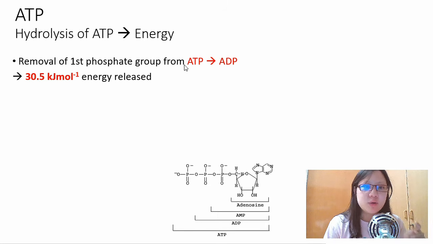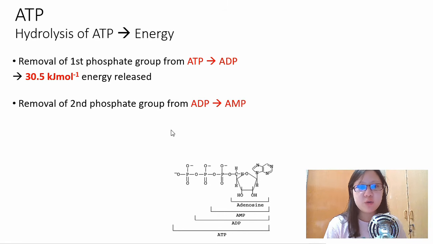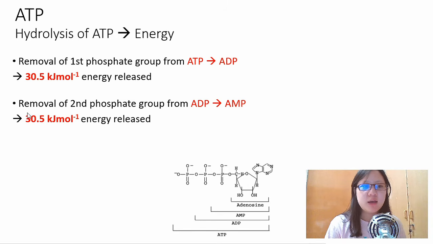ATP is adenosine triphosphate. You remove one phosphate group, it becomes adenosine diphosphate. After that, you can remove another one and it becomes adenosine monophosphate. And then you get again 30.5 kilojoules per mole. So it can, from ADP, become AMP.